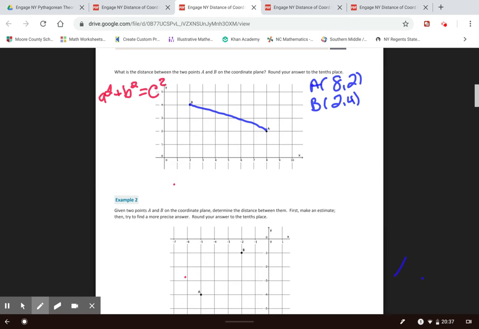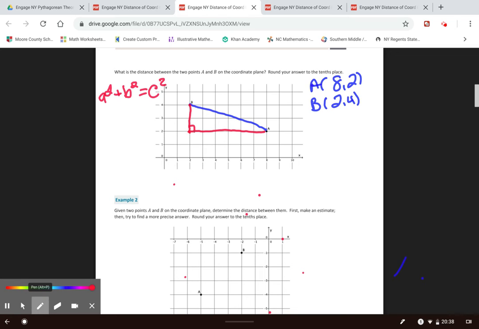So to solve for my distance from A to B, I'm going to draw a right triangle. I simply start at one of the points and extend a line from that point, then I go to my other point and extend a line, and I look for that point of intersection. Where I have my point of intersection, right over here, I have a right triangle.